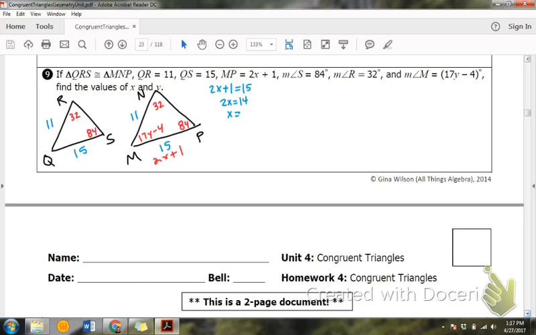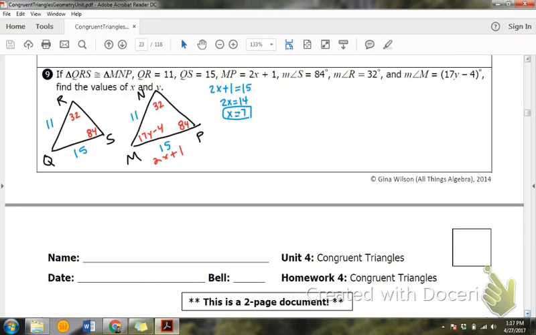Good. Did they ask you just to find x and y? Yeah. Okay, so x is 7, right? How are we going to find y, Carla? You can't take the x and put it in front.